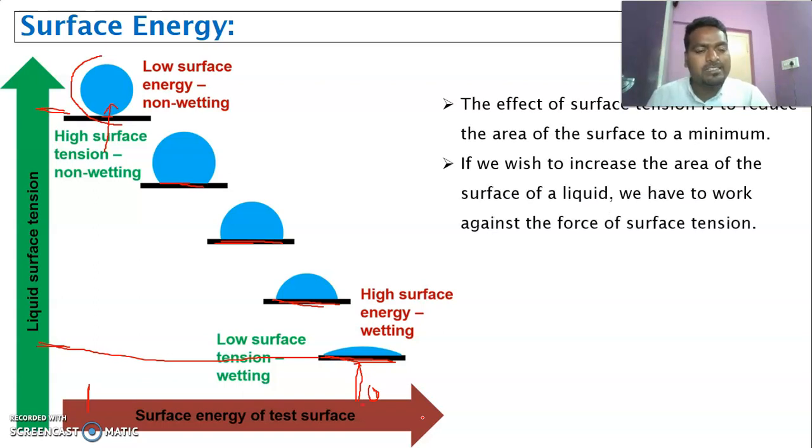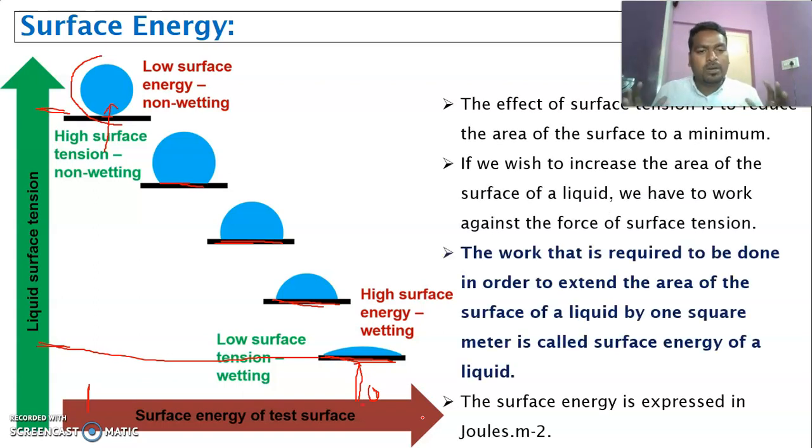Surface energy is defined as the work required to extend the area of the surface of a liquid by 1 square meter. That means if you apply energy to the system, the shape of the water drop changes: the spherical shape becomes a half sphere, and finally flat, that is, the surface area increases, so surface tension vanishes.